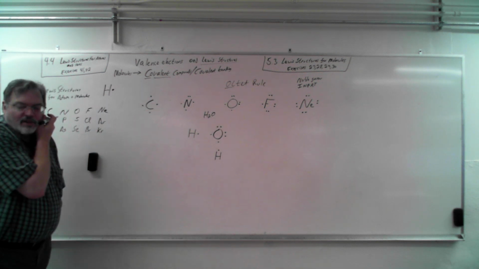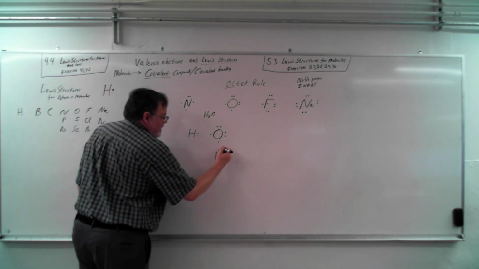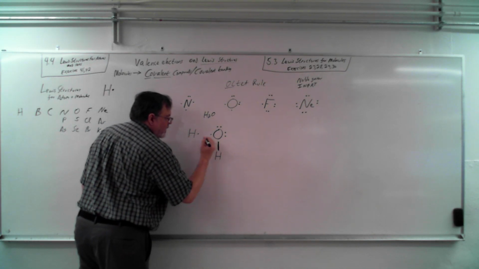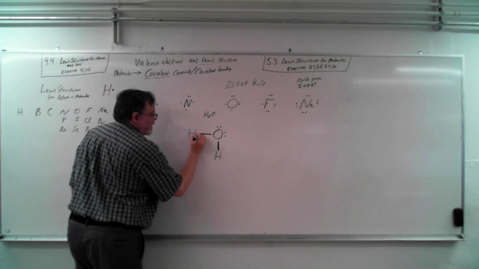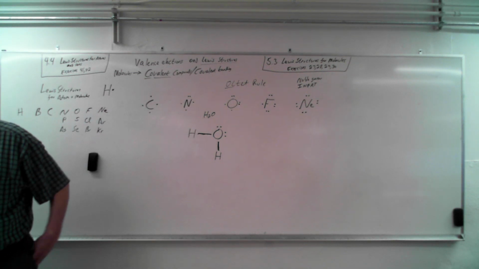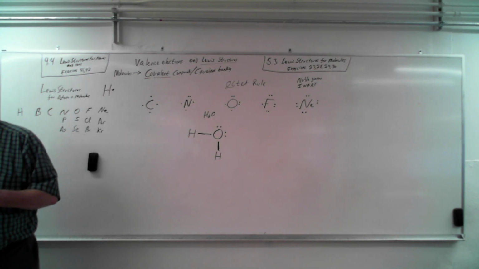It's the sharing of electrons that causes the bonding for covalent molecules, for covalent compounds. Meaning these two electrons pair up. These two electrons pair up. And that's what causes the bonding. Not positive, negative charges pulling things together. It's this tendency of electrons to try to pair with each other.